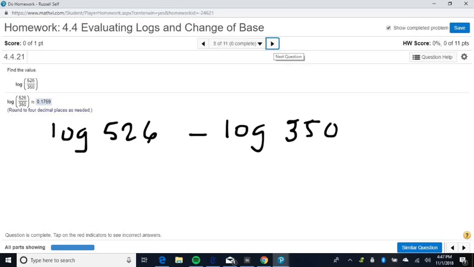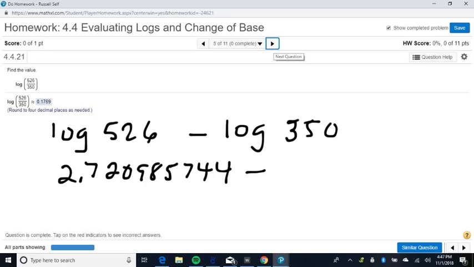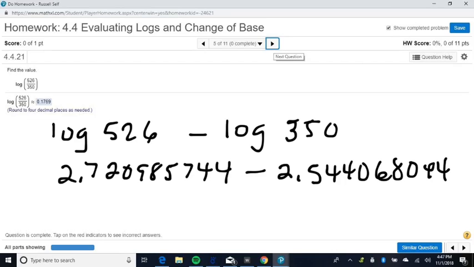So for example, this one would be 2.720985744 minus the log of 350, which would be 2.544068044. Subtract those two.